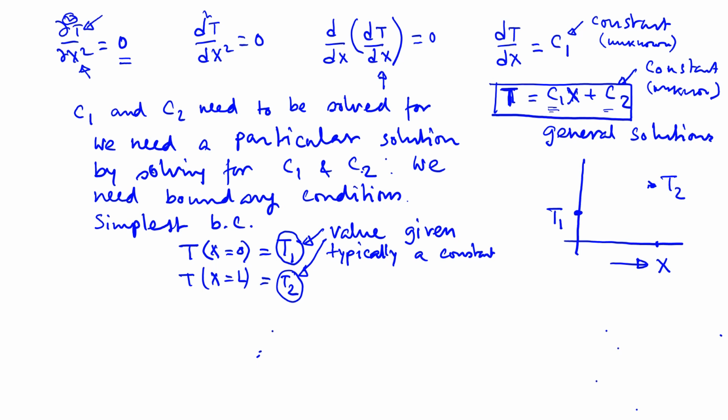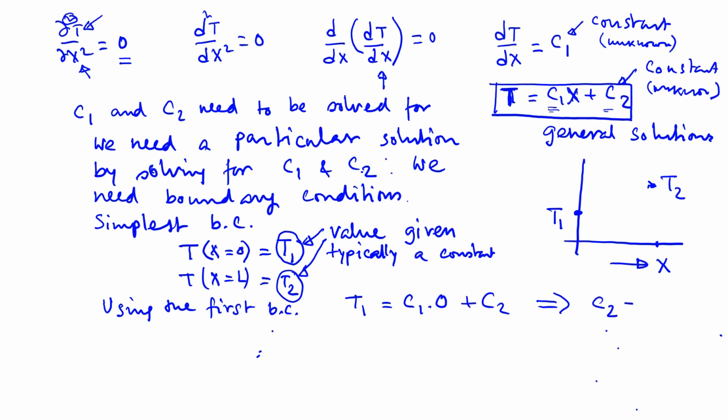Using the first boundary condition, what do I get? T1 is equal to C1 times 0 plus C2, which gives me C2 equal to T1.